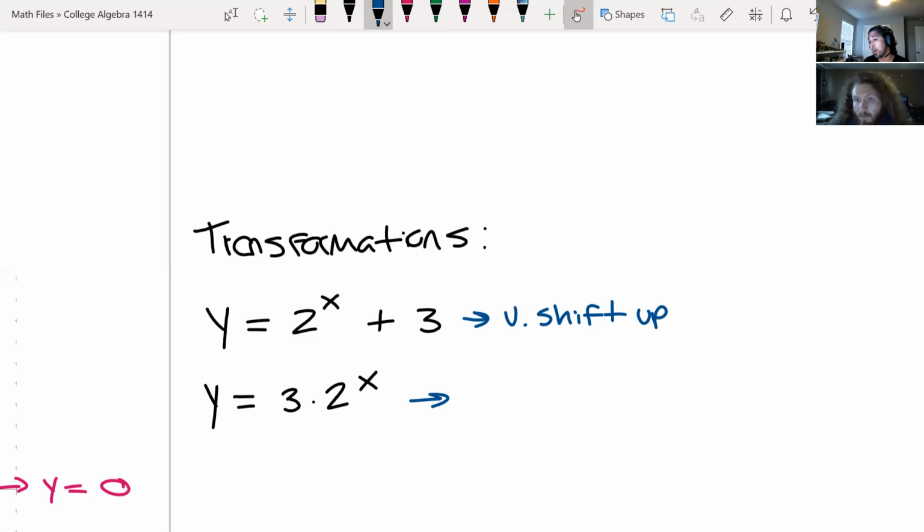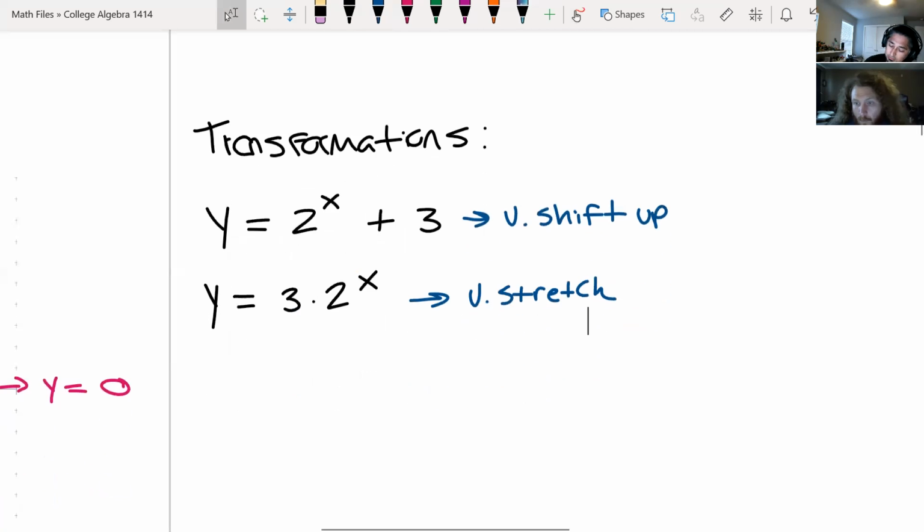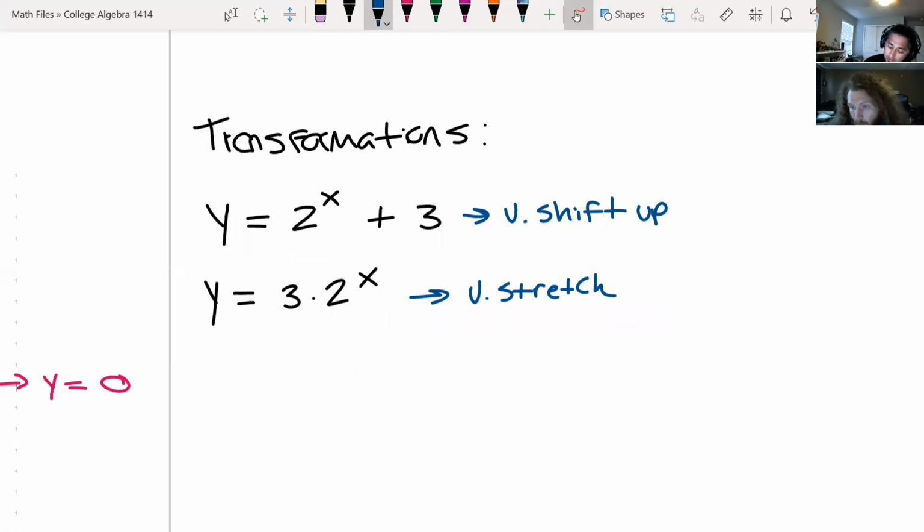So remember that anything horizontal is going to be combined with the x. Anything vertical is going to be outside the function. So this would be a vertical stretch.